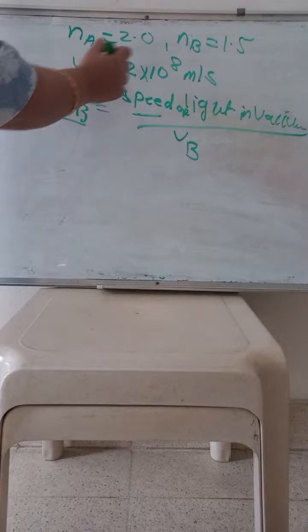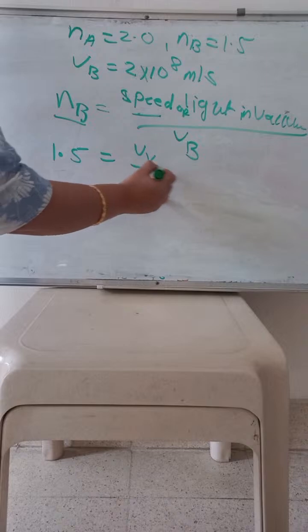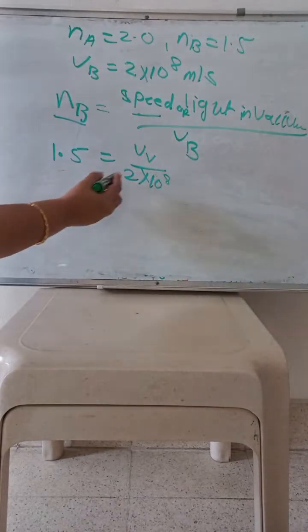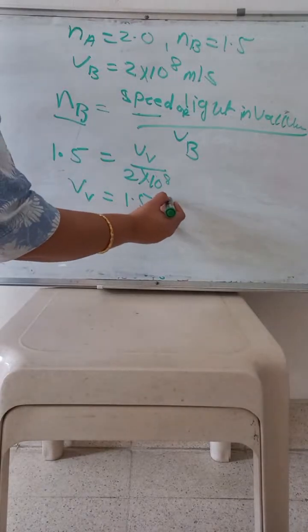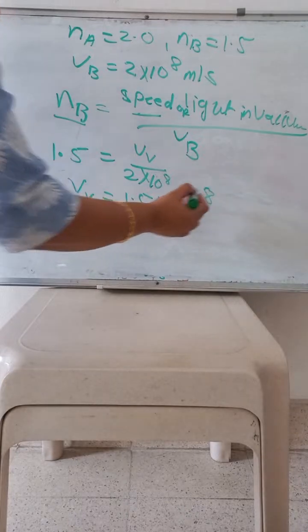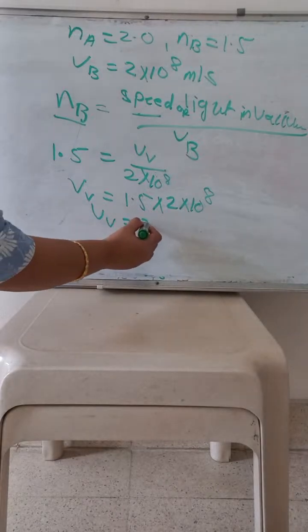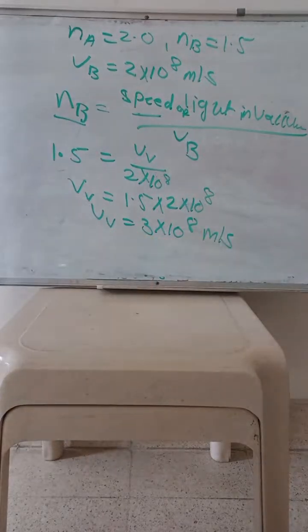NB is 1.5 and VB is 2 into 10 raised to 8 meter per second. So speed in the vacuum is 1.5 into 2 into 10 raised to 8. 15 twos are 30, so you will get the answer 3 into 10 raised to 8. Speed in the vacuum is 3 into 10 raised to 8 meter per second. This is the answer for the first bit.